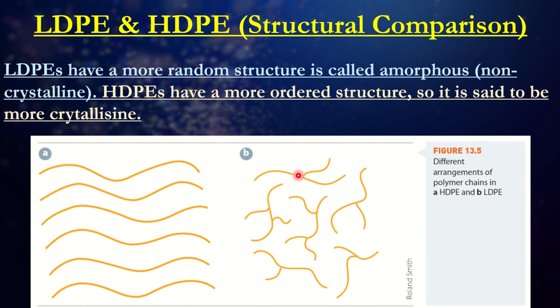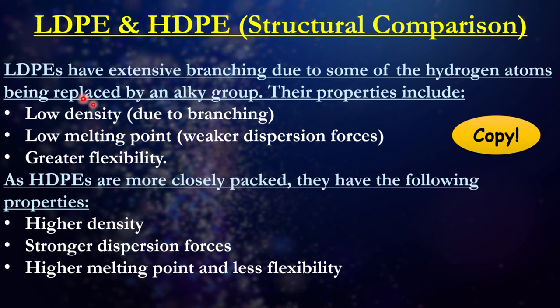Next, we're going to try and look at how their structure influences how they're being used. So with the low density, because it has a low density, the dispersion forces are very weak, because the branches are very far away from each other, so there's not a lot of strong interaction between polymers.